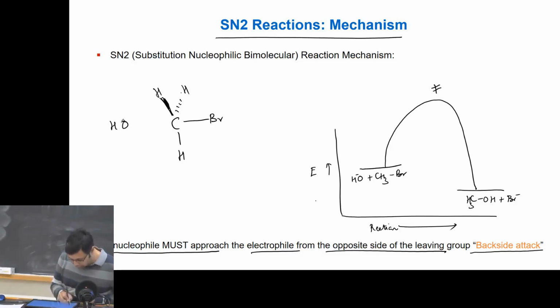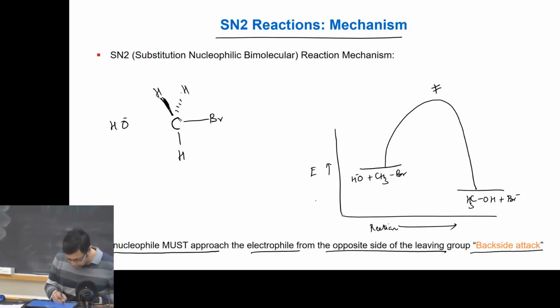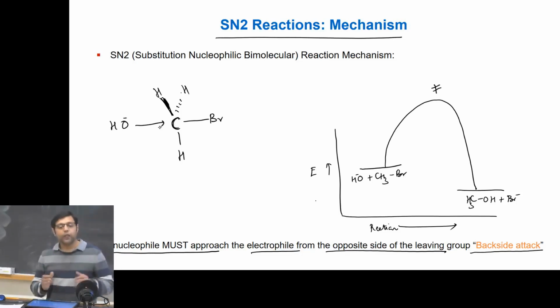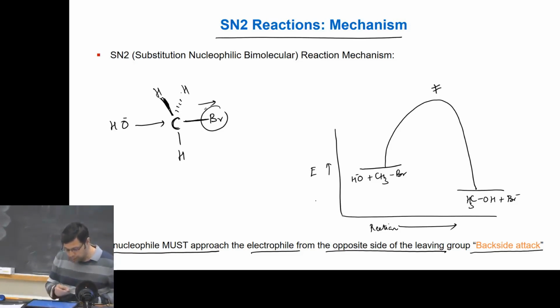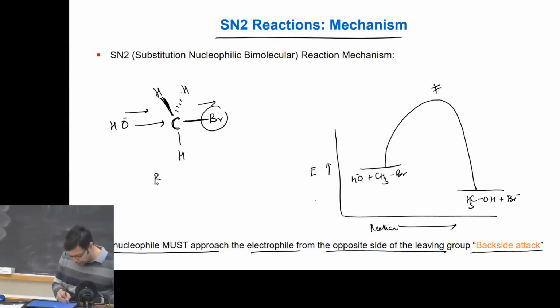This is the nucleophile OH minus. The OH minus should approach this electrophilic carbon on the opposite side of the leaving group. The leaving group is this side. The OH minus is coming from the opposite side. And this is called the backside attack.